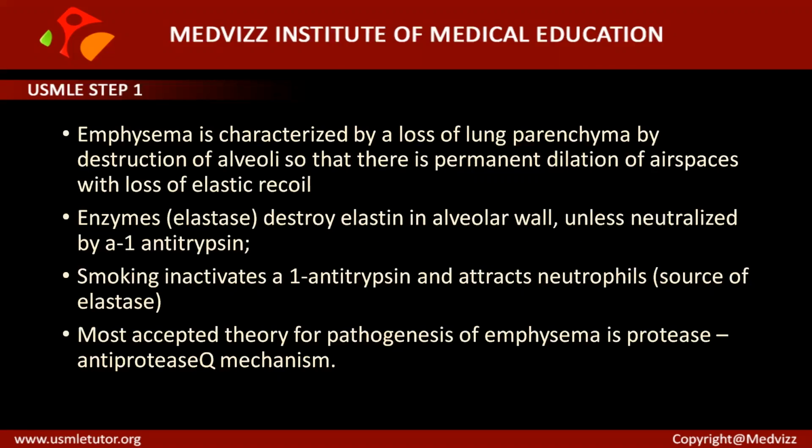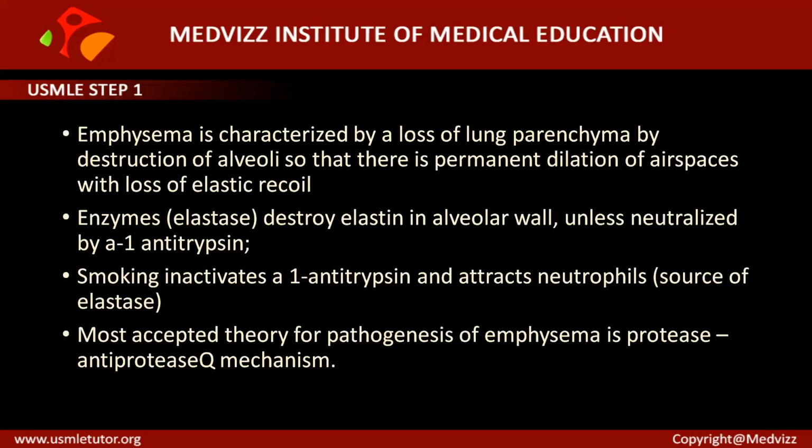But in smoking, there is an increase in elastase concentration because of the activation and attraction of neutrophils and macrophages, and at the same time inactivation of alpha-1 antitrypsin. So destruction and damage is much more severe in smoking-associated emphysema.